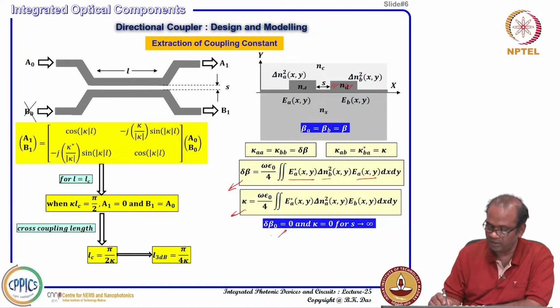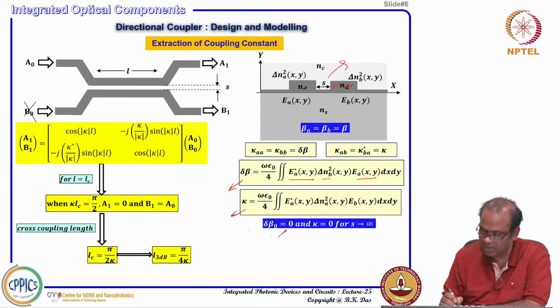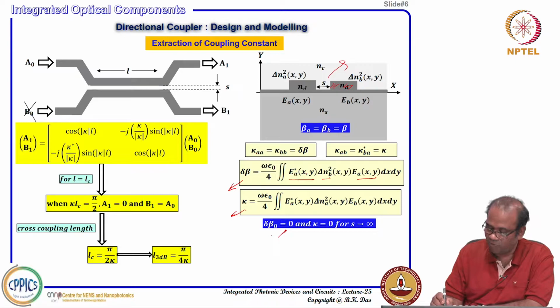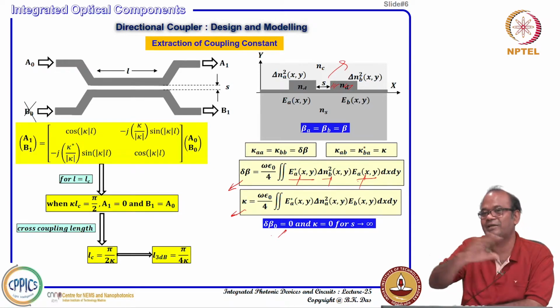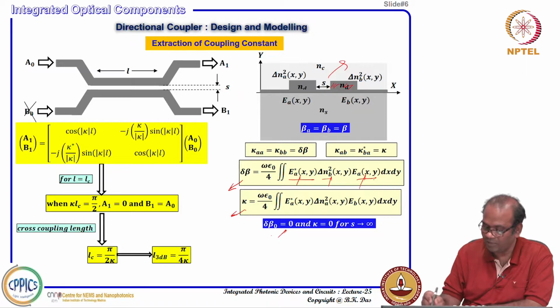Obviously, if you have a structure such that one of them becomes 0 in some regions, or if you integrate everywhere over the entire xy plane, you will find one of these three becomes 0, then delta beta will be 0. That is only possible when S tends to infinity.